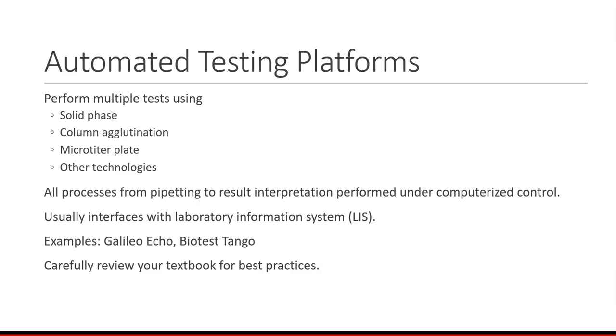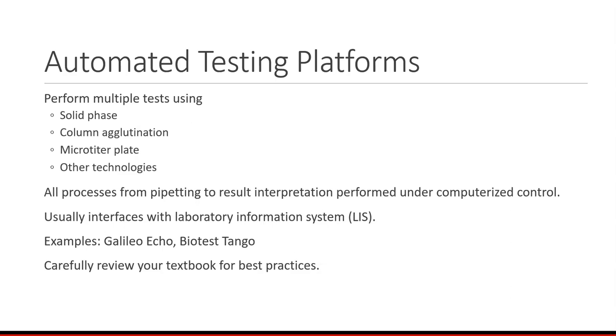Your textbook does a really good job providing an overview of these different technologies, so please spend quality time with Chapter 10. All processes from pipetting the sample to result interpretation are performed under computerized control of the automation involved.